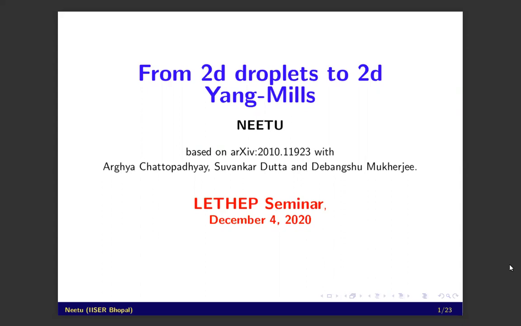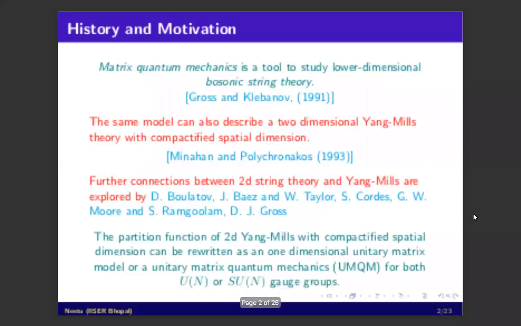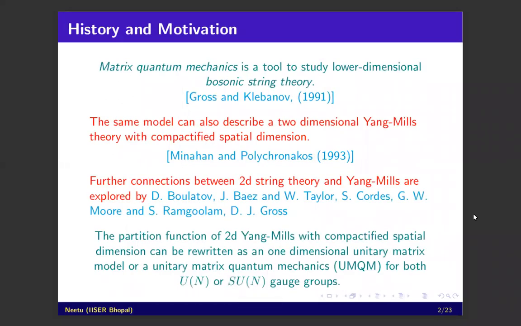Before I go into the details, let me briefly mention what people have done in this direction. The main motivation to study matrix quantum mechanics comes from the fact that it has served as a successful tool to study lower dimensional bosonic string theories.